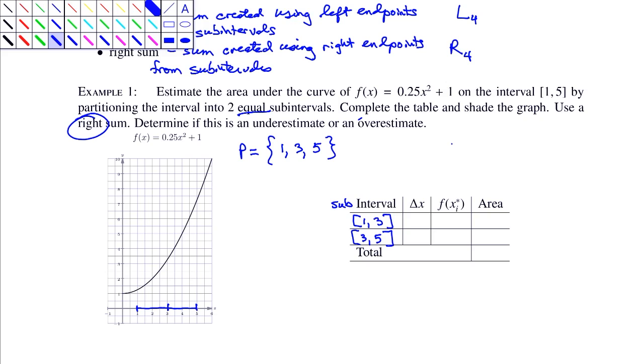And so basically what we're going to do is form a rectangle that covers the curve as best we can based on the endpoints from my partition. So if we want a right sum, that means we use the right endpoint. I'm going to project up from x equals 3 up to the function.